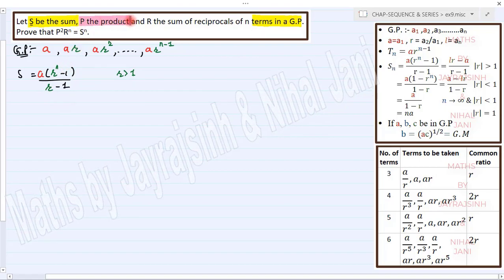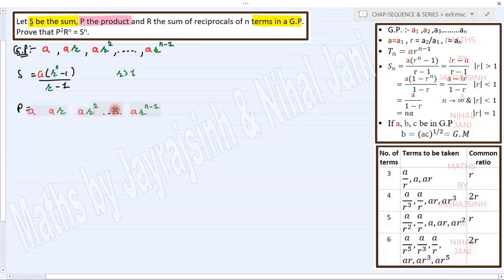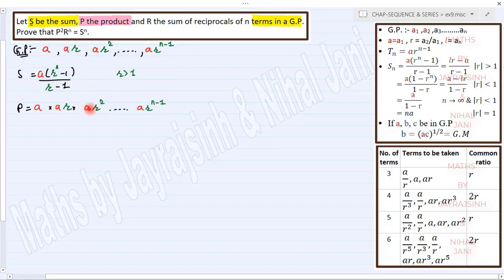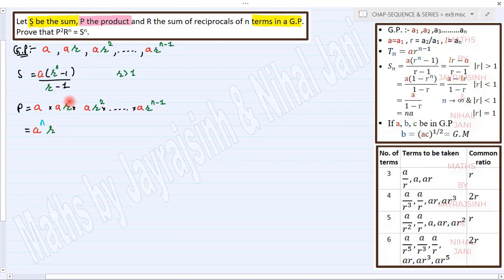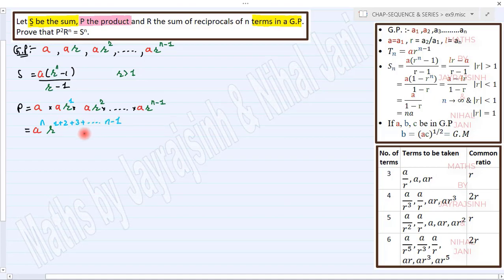Then the next quantity given is P, which is the product of all the terms. So we have a n times, so we get a raised to n, and the powers of r are 1 plus 2 plus 3 up to n minus 1, and we know that the summation of n natural numbers is given as n into n plus 1 by 2.